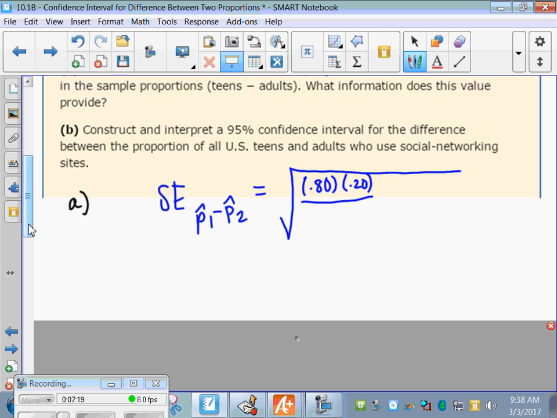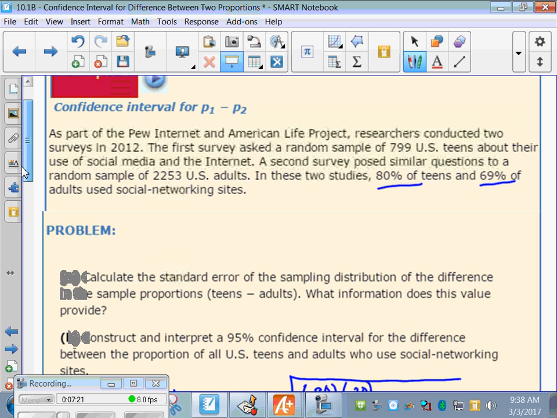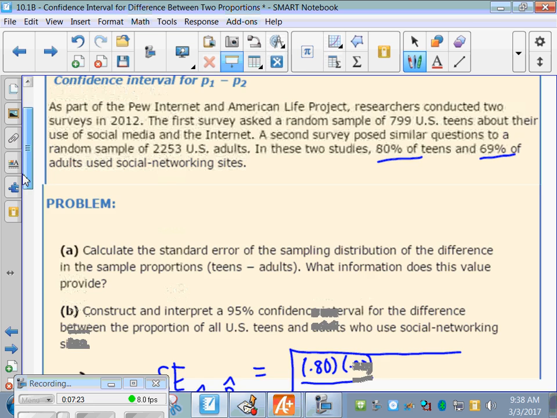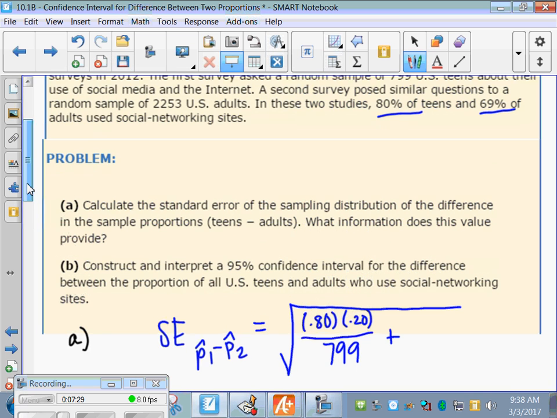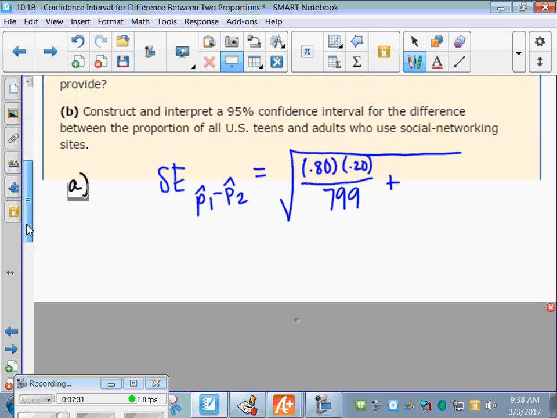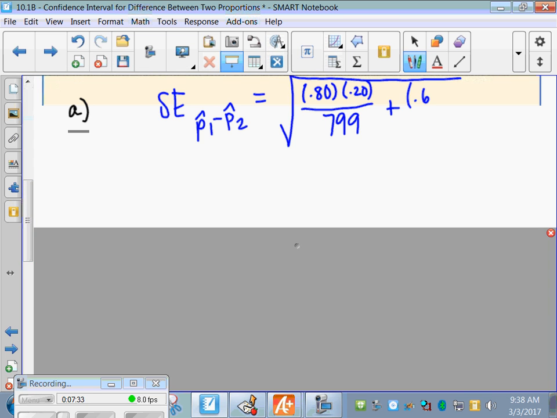And underneath goes N, how many teens did we interview or sample? 799. Okay, plus in the middle. And over here we've got 69% of adults. So 0.69, 0.31, and we interviewed 2,253 adults.